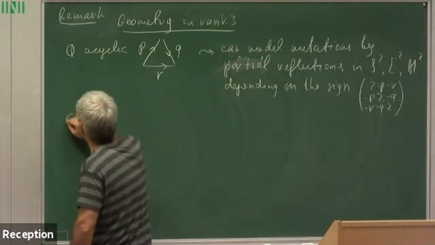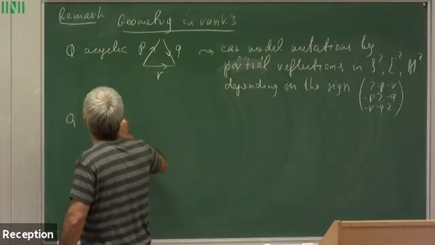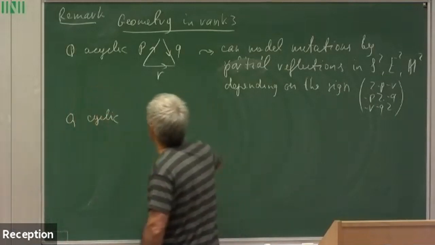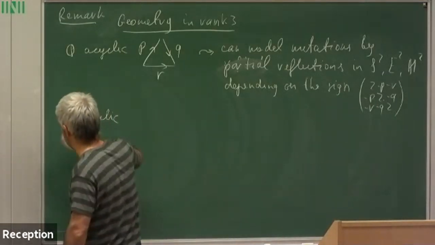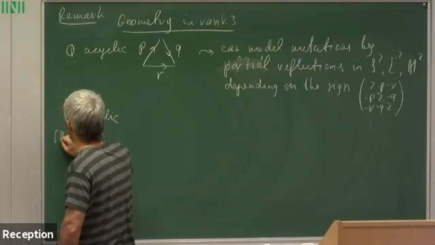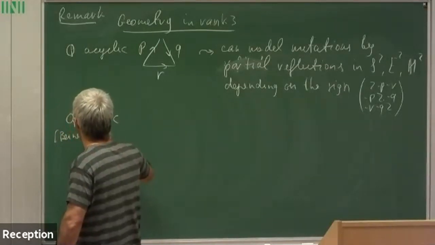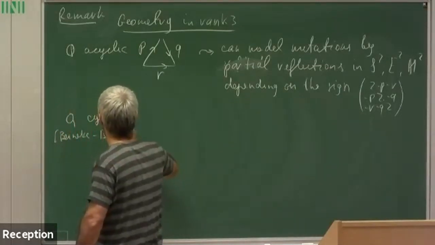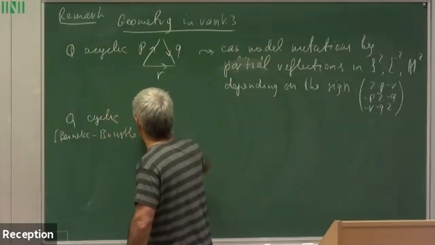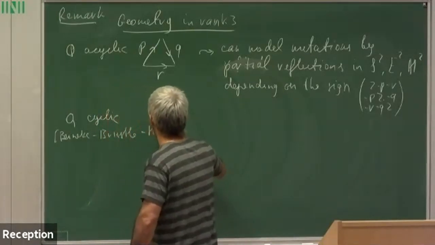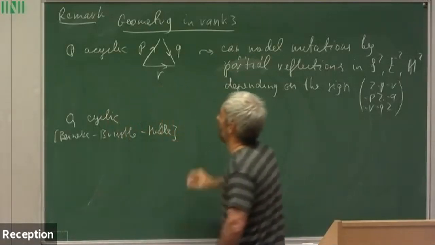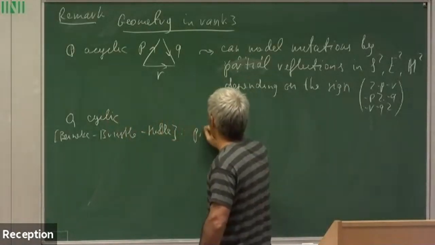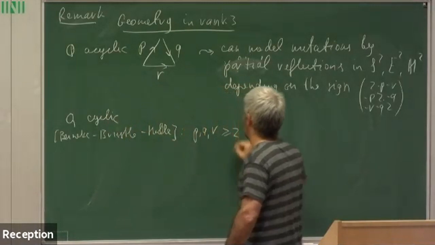And if Q is cyclic, then by the result of Beineke, Brüstle, and Hille, all pq are greater or equal than 2.